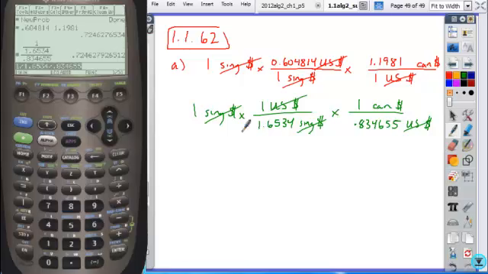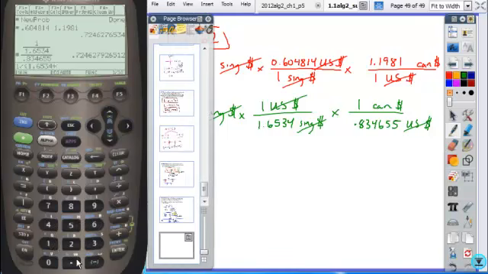And now the other way that you can think of that is 1 divided by, if you think of this as being a whole set of factors in the denominator, you can group them together with parentheses and think of it, these two are being multiplied by each other. So 1.6534 times 0.834655.